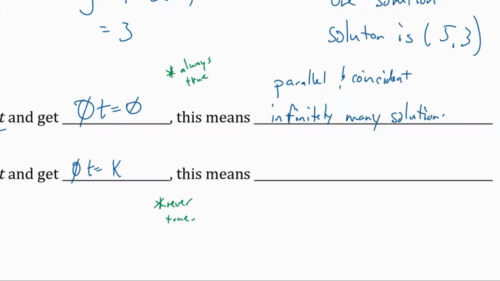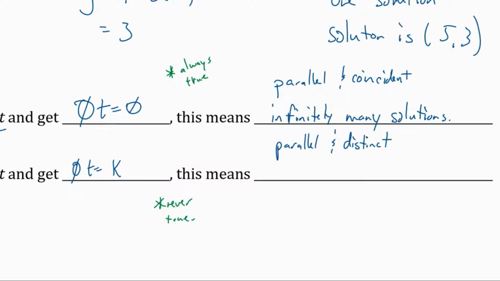And those are two of the parts, probably, of my answer. If I'm asked to state the geometric interpretation, then I say parallel and coincident. The number of solutions, infinitely many. Okay, and then in the other case, if 0t equals k, then they are parallel and distinct.